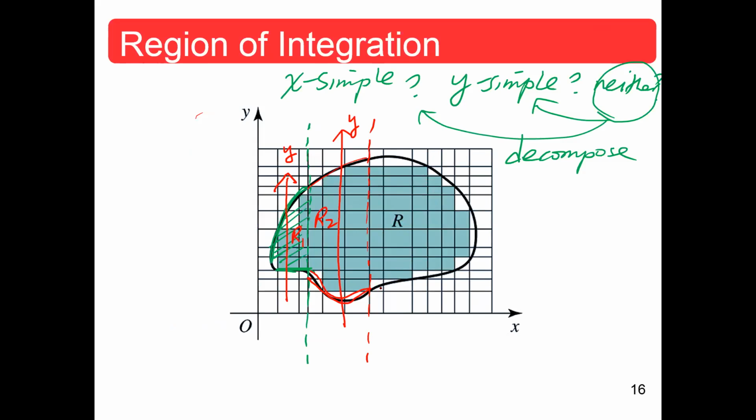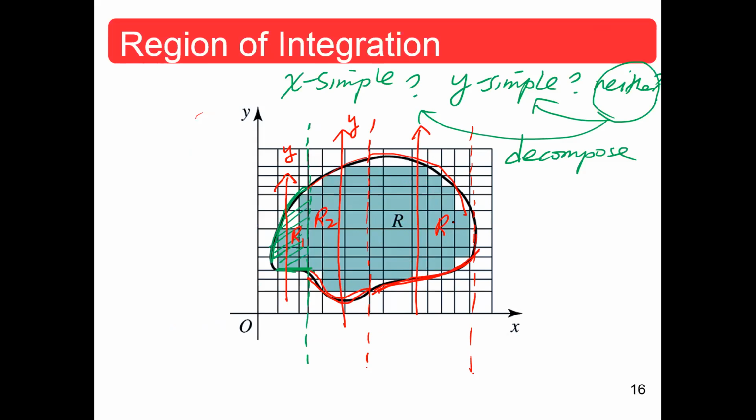Similarly, suppose the last part, let's assume this piece belongs to one single function. Then for the last part, I can say it's another y simple region. The bottom function will be this, and the top function will be this, and x will be between this bound and that bound.